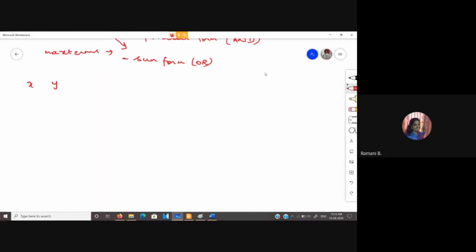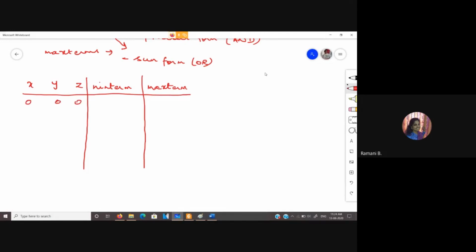To say it clearly, take x, y, and z, and the corresponding min term and max term. First the combinations 0 0 0, 0 0 1, 0 1 0, 0 1 1, 1 0 0, 1 0 1, 1 1 0, and 1 1 1.